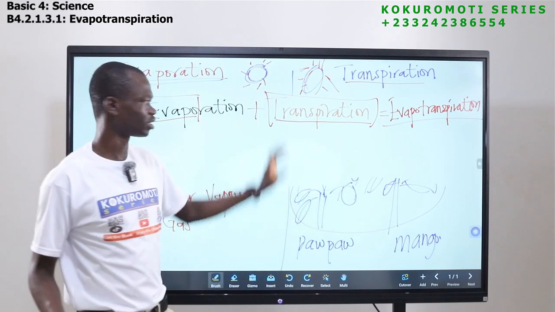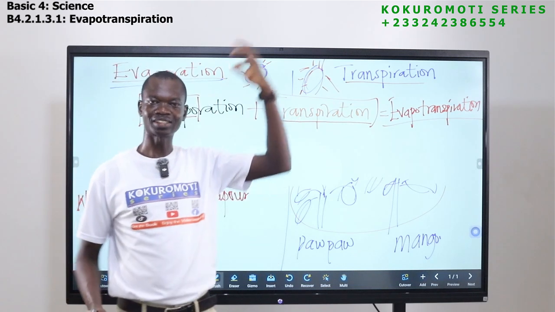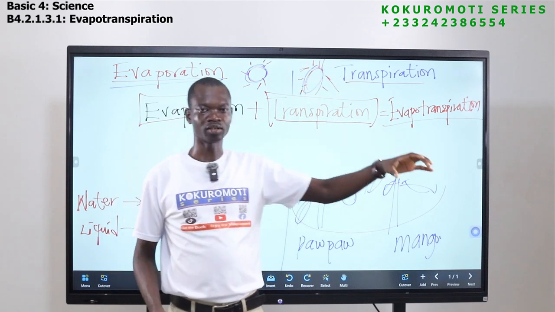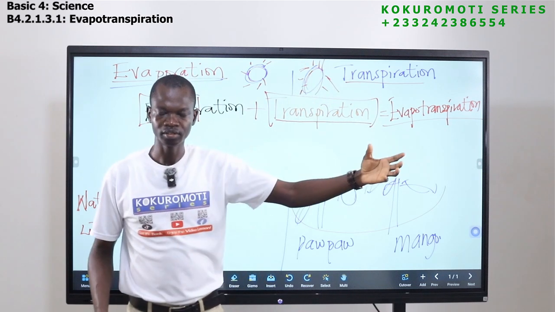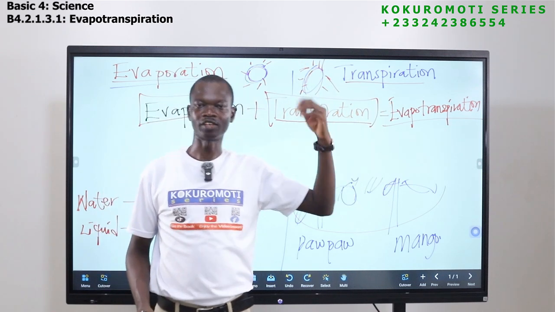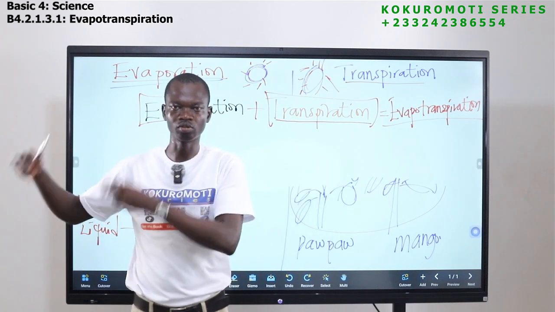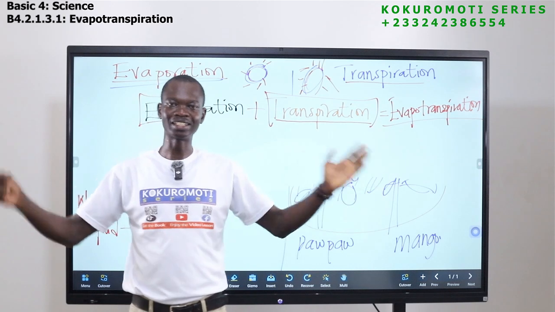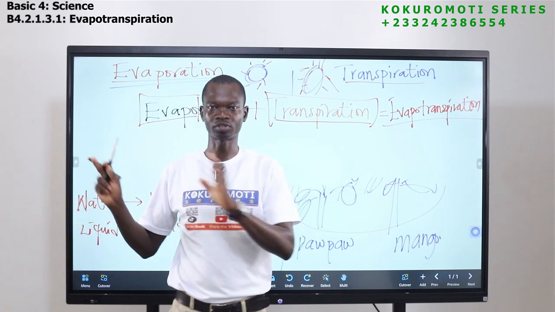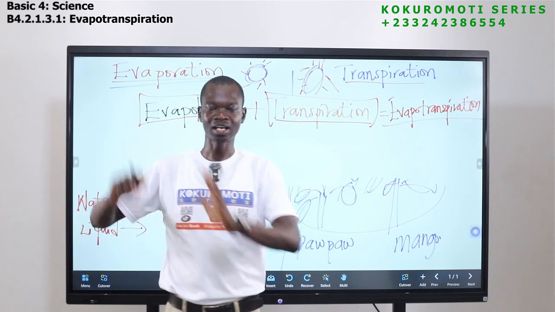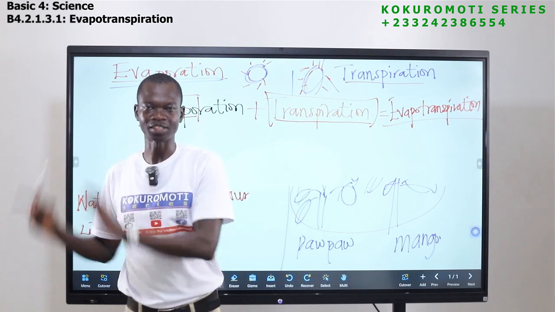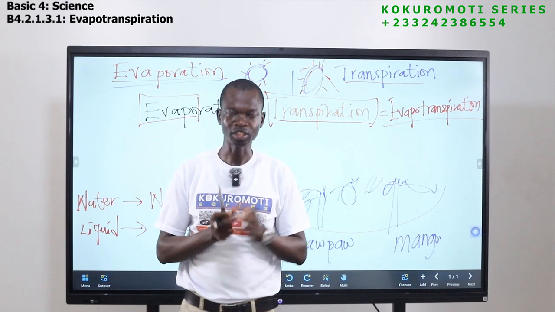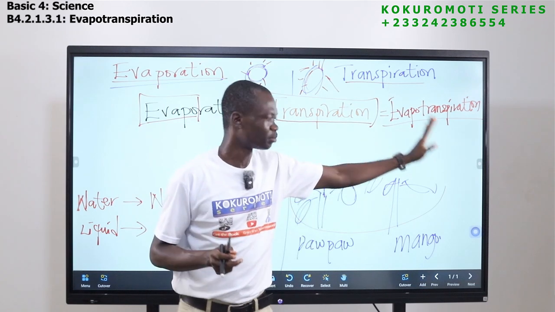You know what evaporation is, you know what transpiration is. When the sun shines, the plants lose water into the atmosphere in the form of water vapor. Water bodies also lose water into the atmosphere in the form of water vapor. When these two things are taking place at the same time, that is what we call evapotranspiration.